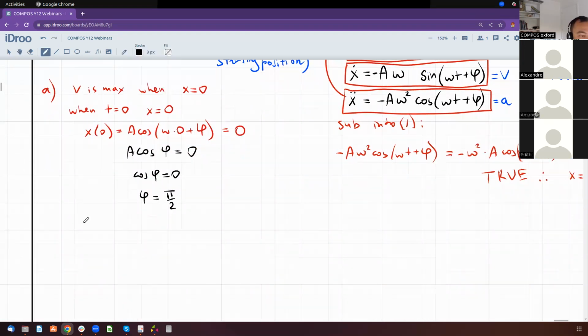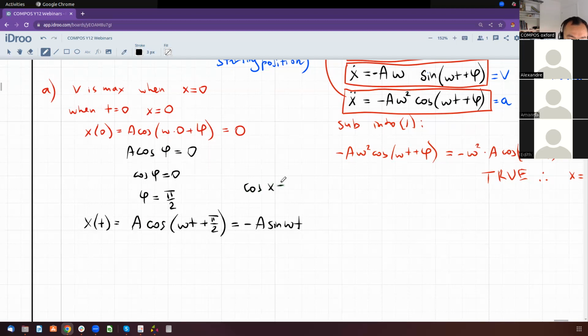So we have x of t is equal to the amplitude multiplied by cos omega t plus pi over 2. And if you look, cos omega t plus pi over 2 is going to be minus a sine omega t, because cos x plus pi over 2 is minus sine x.